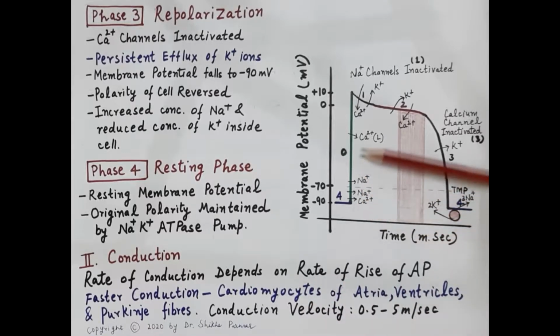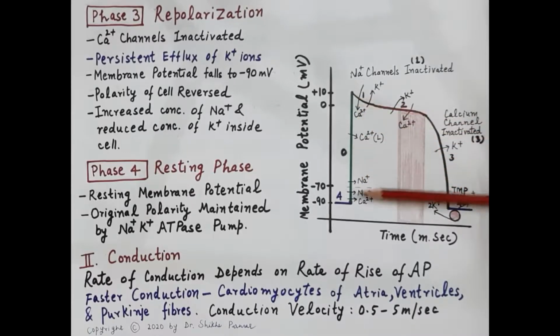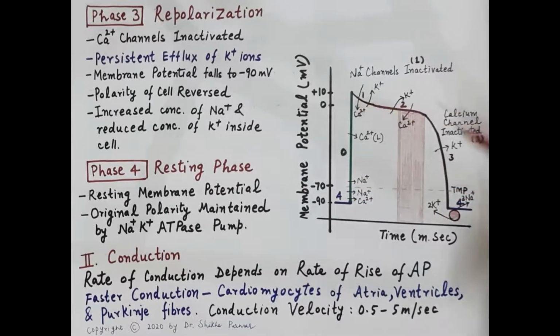Higher the rate of rise of action potential, higher will be the rate of conduction. Now in the normal cardiac cells, the rate of conduction is high because of the higher rate of depolarization. So there is faster conduction in the cardiomyocytes of atria, ventricles and Purkinje fibers, and conduction velocity is found to be 0.5 to 5 meters per second.